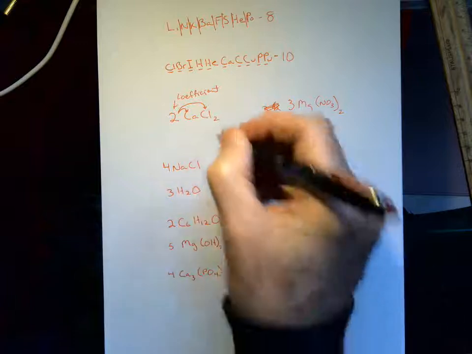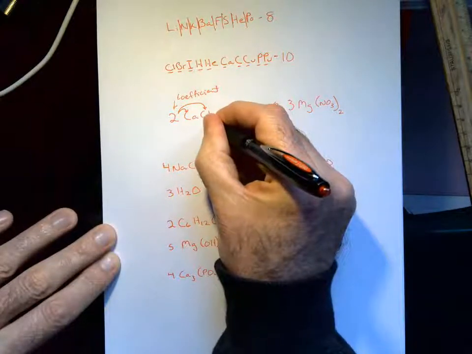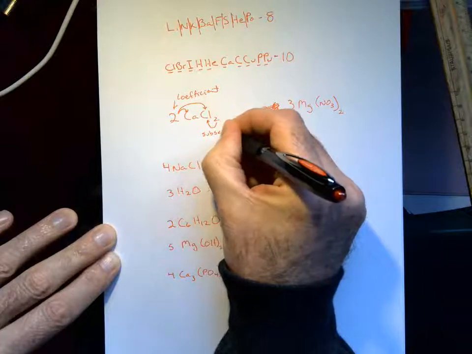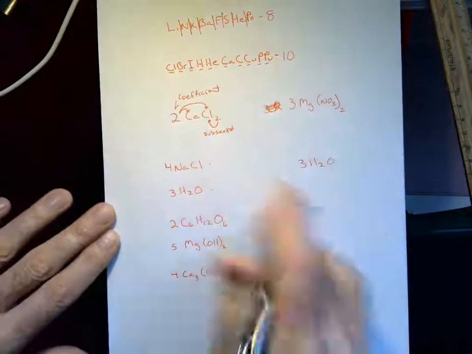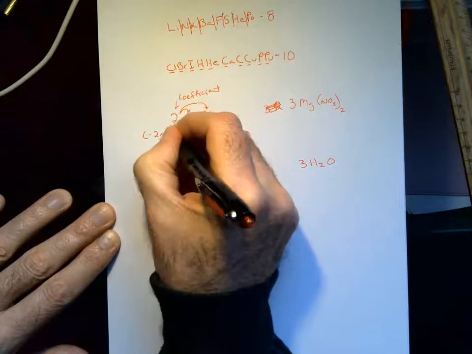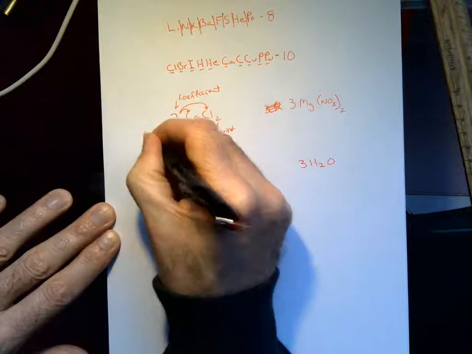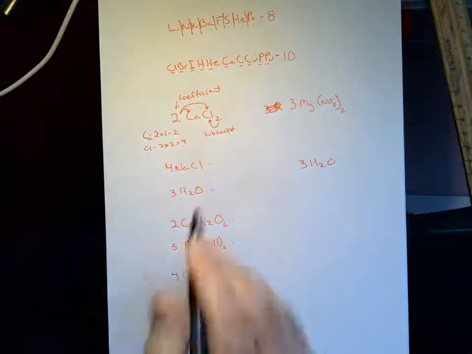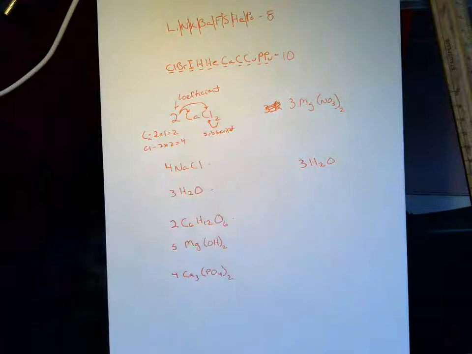But this is called a subscript. It only goes with what it's immediately beside. So when you're counting, Ca would be 2 times 1 equals 2, and your Cl would be 2 times 2 equals 4. So you multiply those two numbers together.